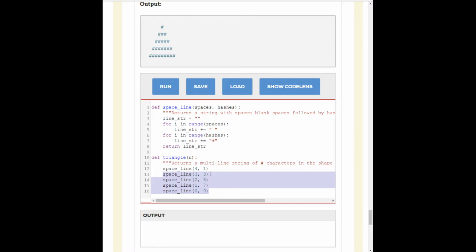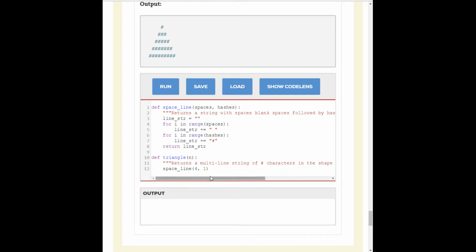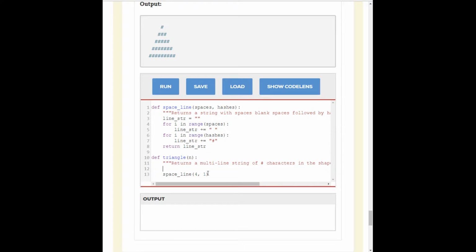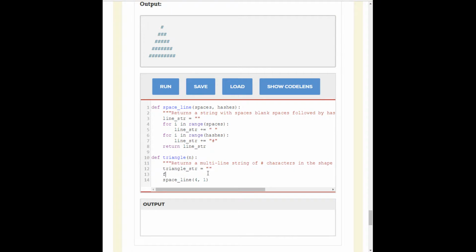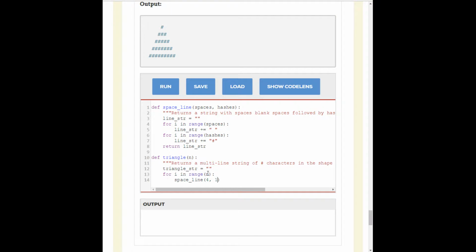So we know that we want spaces to decrease by 1 and hashes to increase by 2 every time through. Let's first get our triangle string, because we're going to be iterating through and adding onto an empty string, and then for i in range n. So 5 times we're going to run spaceline and add it to our triangle string. This works exactly the same as before.